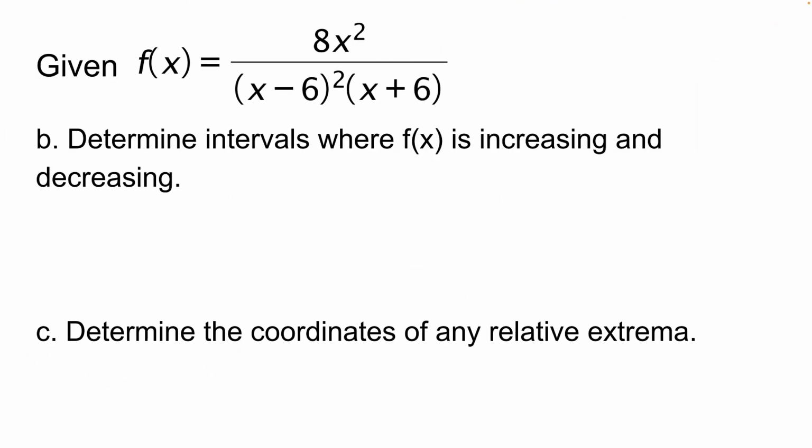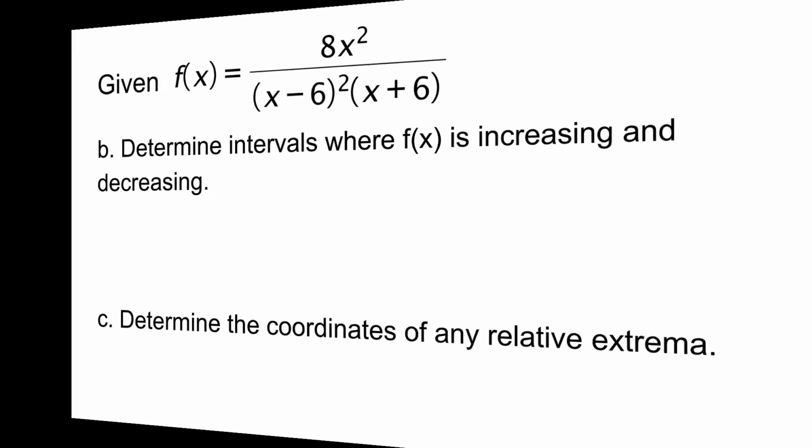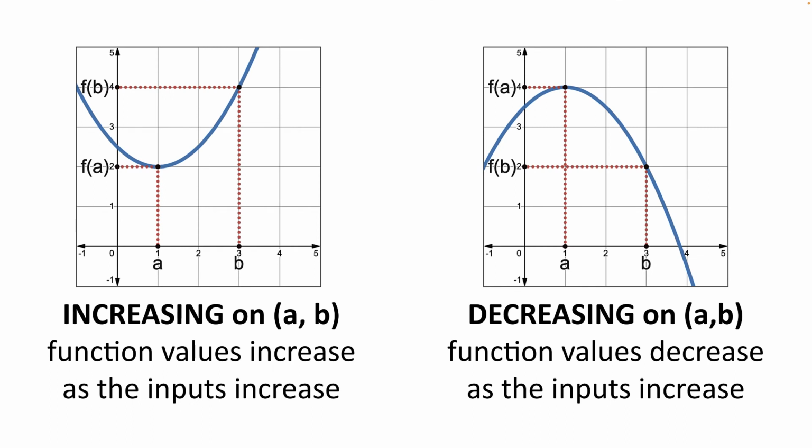Now let's determine where this function is increasing and decreasing and the coordinates of any relative extrema. First, let's remind ourselves, what does it mean to be increasing and decreasing on an interval? A function is increasing on an interval from a to b if the function values increase as the inputs increase.